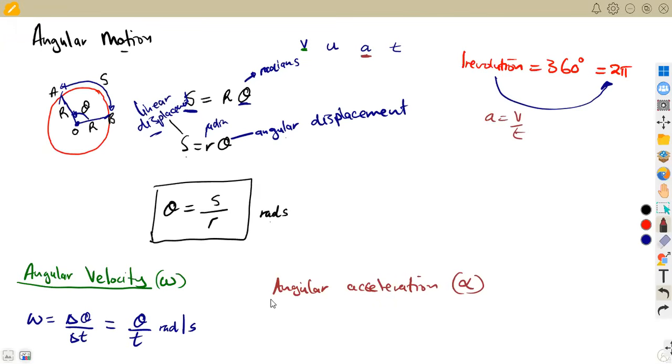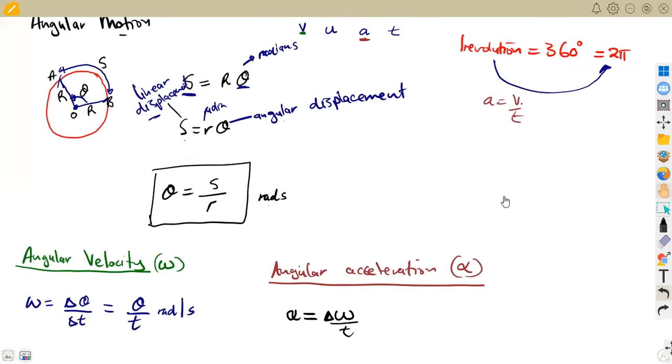It is the same concept with our angular acceleration. So angular acceleration is going to be the angular velocity, omega, over time, which is simply the change in angular velocity over time.